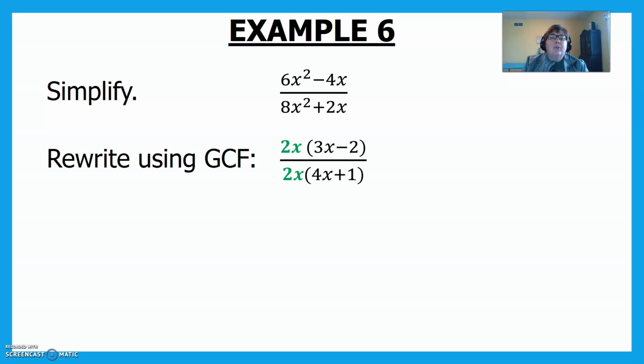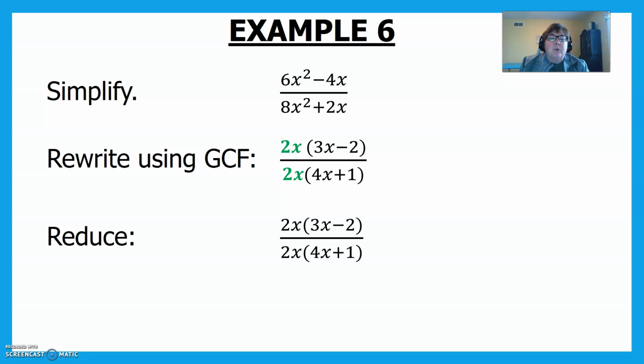So in both top and bottom, my GCF is 2x. And then when I pull out a 2x, I'm left with 3x minus 2 on top. And when I pull it out on the bottom, I'm left with 4x plus 1. Because remember, I'm looking for what do I have to multiply 2x by to get to 6x squared minus 4x.